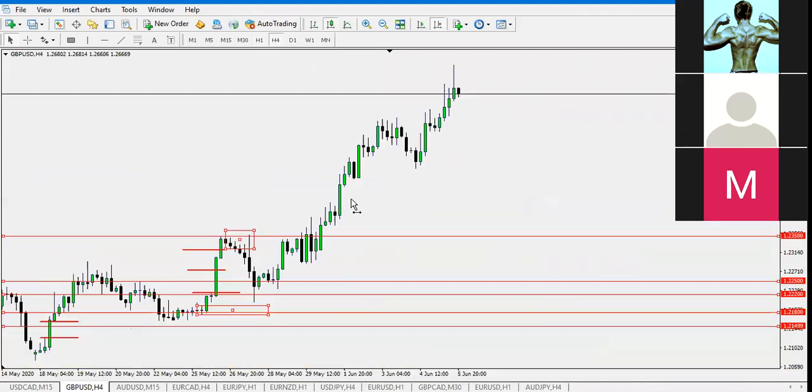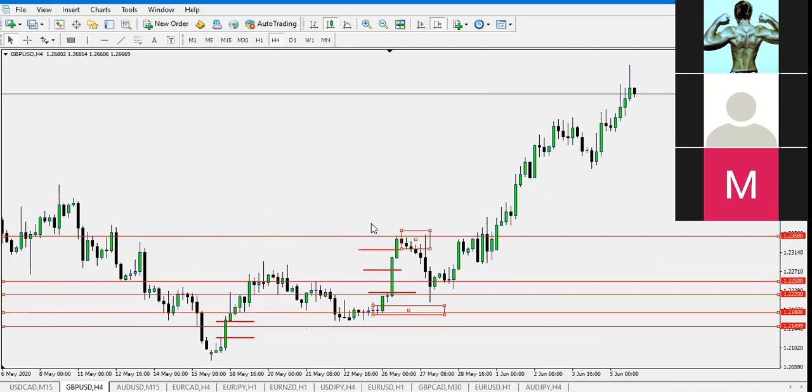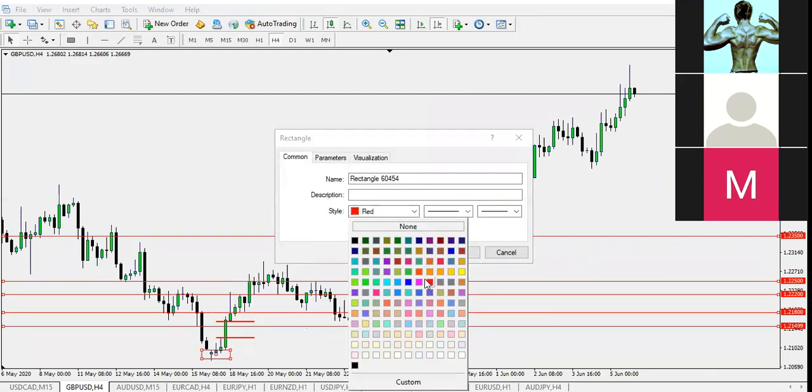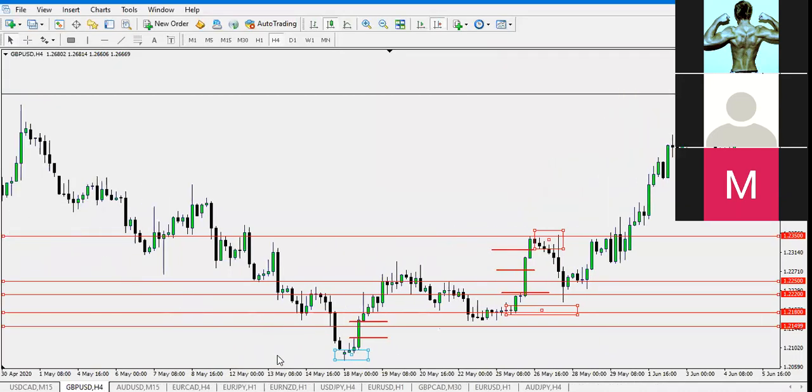Okay, so that is a 4-hour chart, and if we follow the institutional order flow, here would have been our source at the bottom. So we know that price was bearish over here and it was continuing down. And over here would have been our breaker.